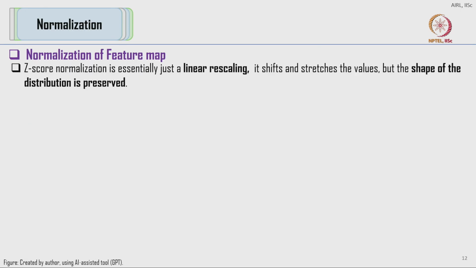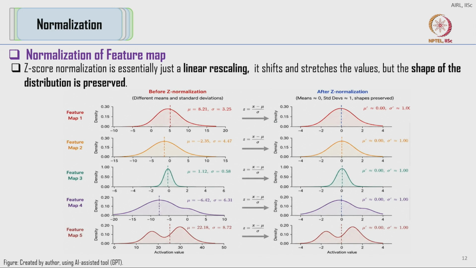Z score normalization, which is just another name for the previous normalization, is essentially a linear scaling: it shifts and stretches the values, but the shape is preserved. So we do not influence what the feature map is trying to represent, we just shift it so that it is consistently around a certain mean and standard deviation.